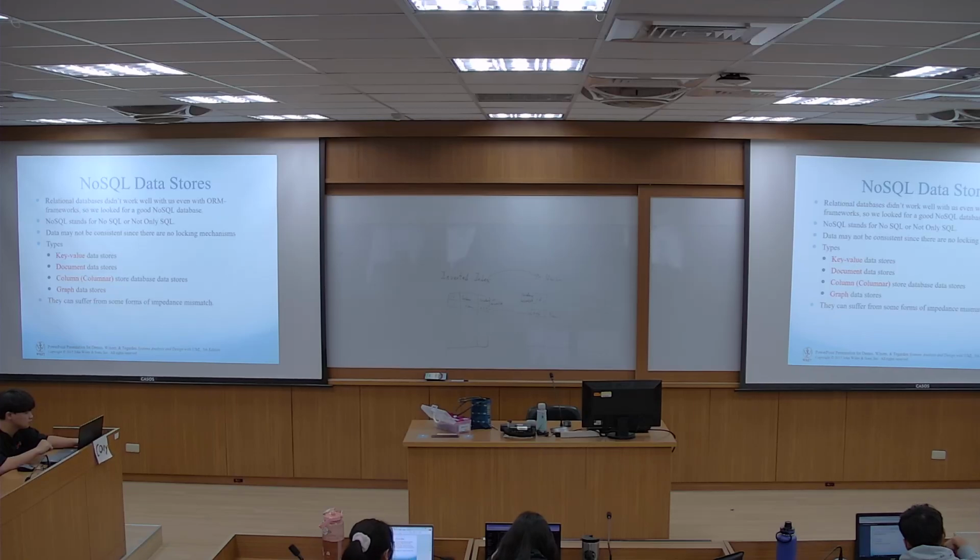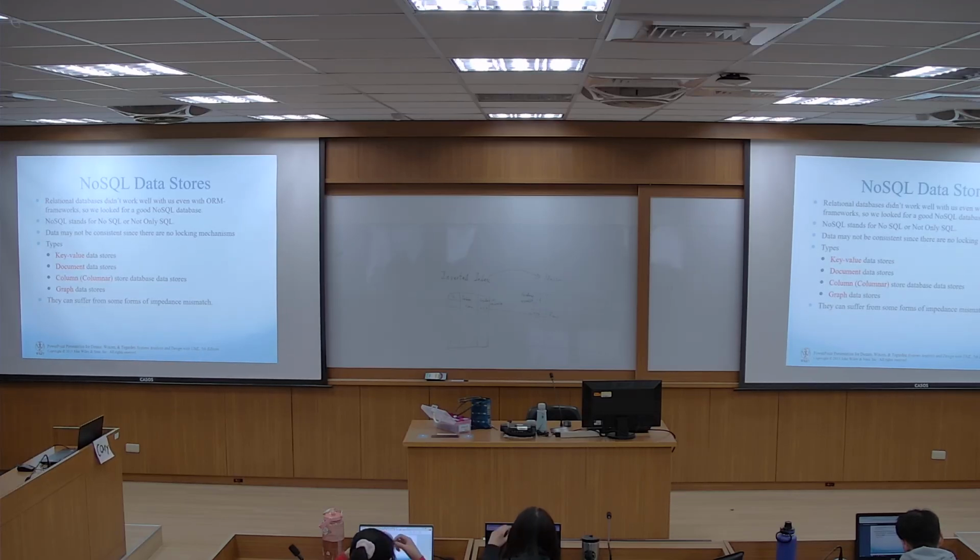Yes. What about in JSON? Can we have different keys? I think in JSON we can have the same key. Is it necessary to have the same? We have the record, right?